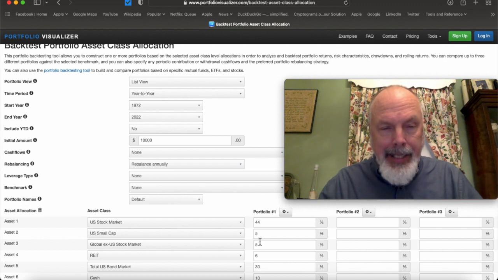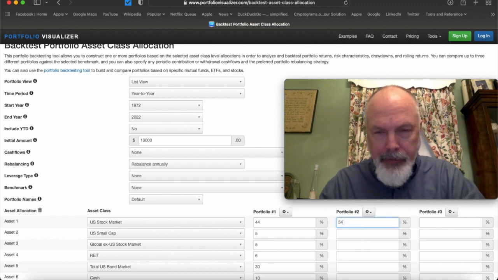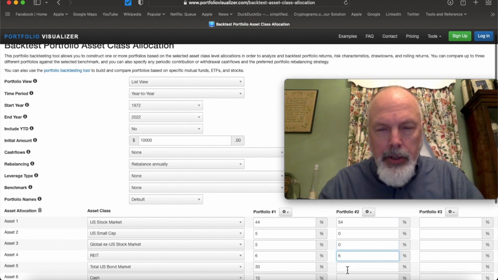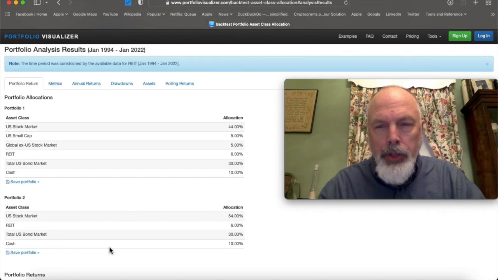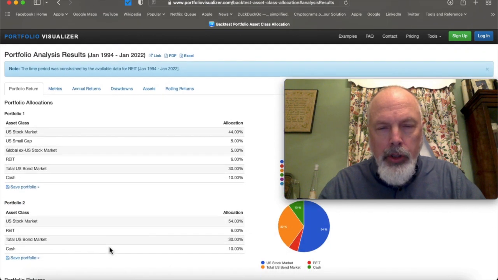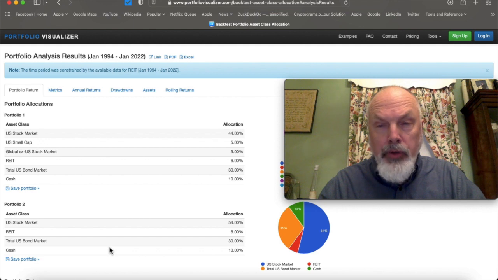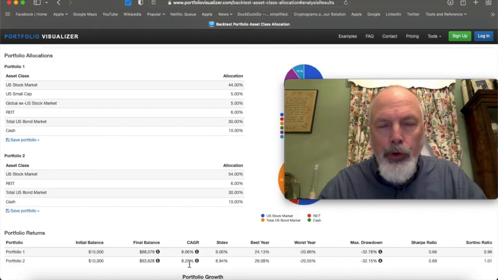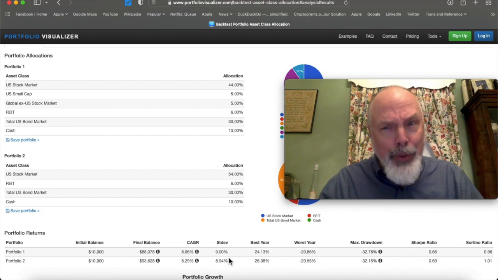So I'm going to take these 10 here and I'm going to add it to this 54, and I'll keep everything else the same and analyze the two alternatives. Again, my current asset allocation with something that goes for just VTI total stock, CAGR improves and standard deviation goes down. I don't know what to make of this. It gives me some food for thought.